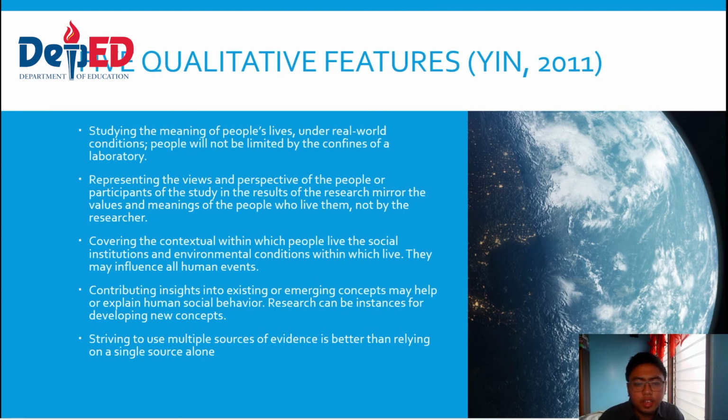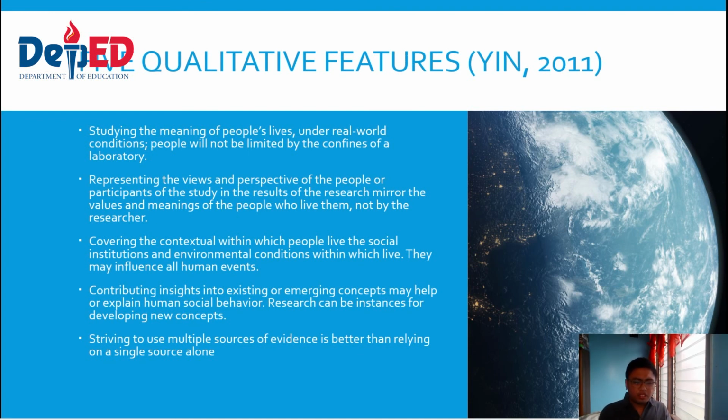Second, representing the views and perspective of the people or participants of the study in the results of the research mirror the values and meanings of the people who live them, not by the researcher. Okay, you are focusing on the participant, okay, not you as a researcher. You focus your research on the participant itself.